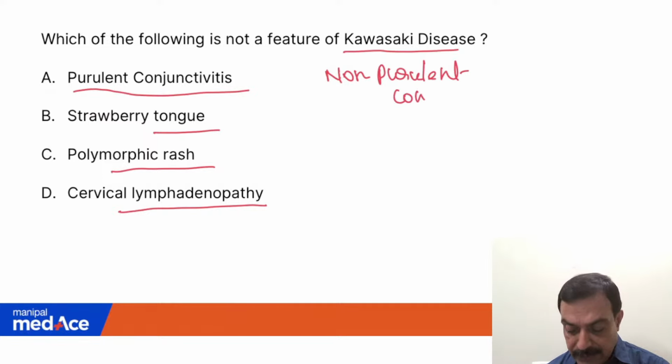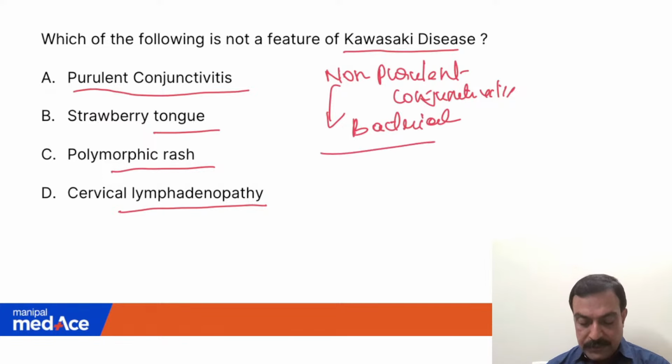The moment you see purulent conjunctivitis, remember that it leads to a bacterial infection. So the answer here is purulent conjunctivitis, which is not a characteristic feature of Kawasaki disease.